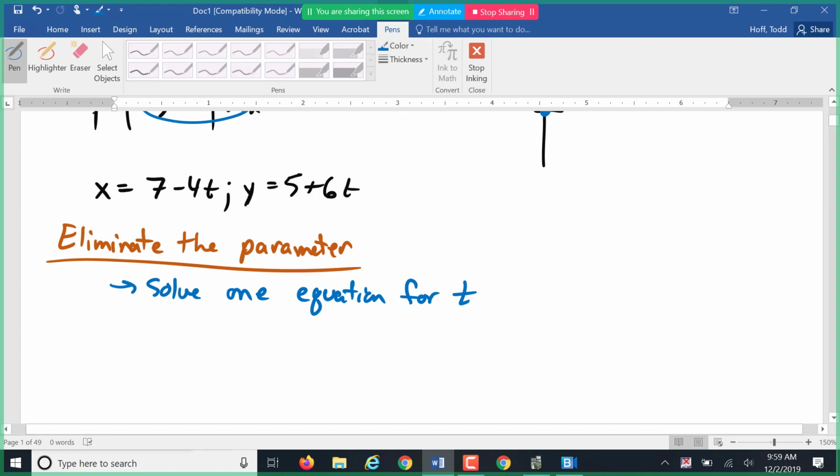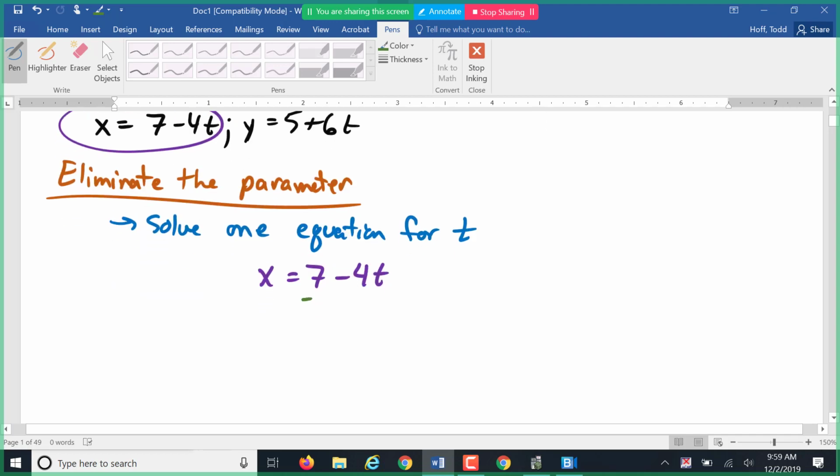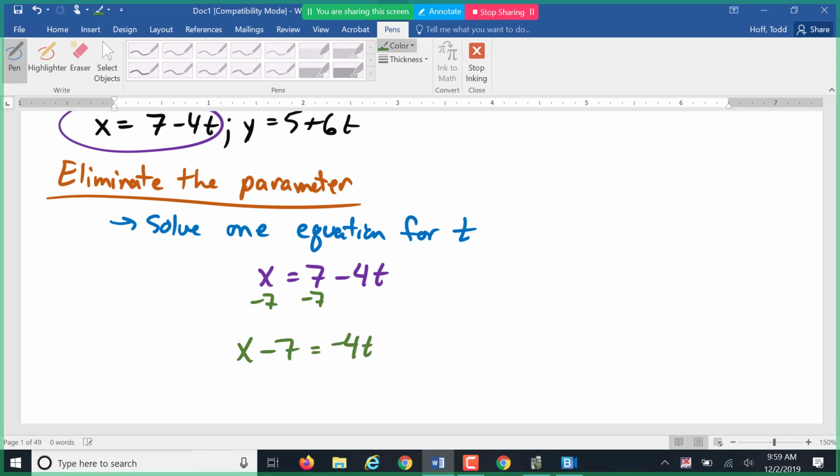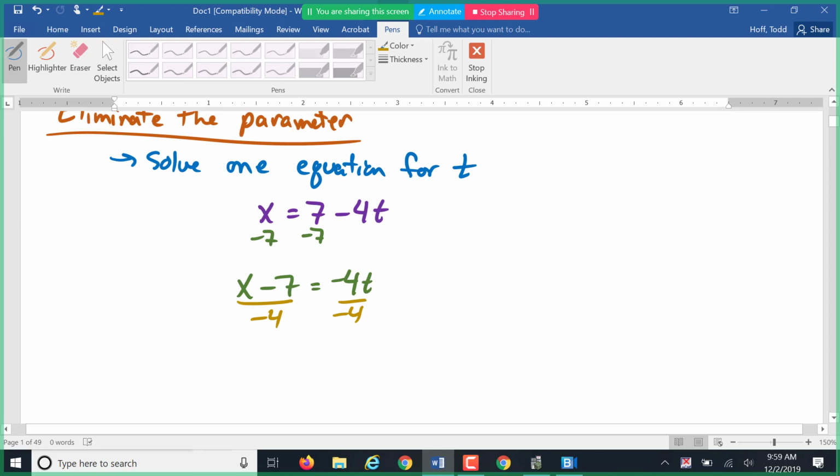So I'm going to start with x here. Let's take that one and solve that for t. So x equals 7 minus 4t. I'm going to go ahead and subtract the 7. So x minus 7 equals a negative 4t. And then we'll divide by the negative 4. So x divided by negative 4 is a negative 1/4 x.